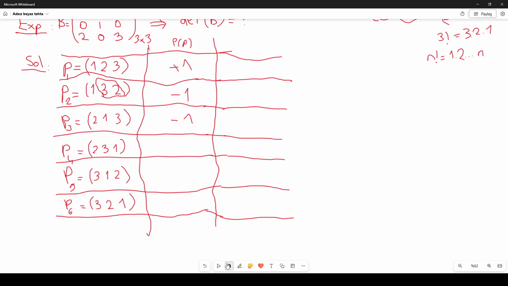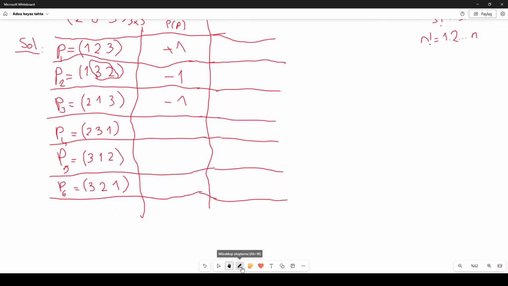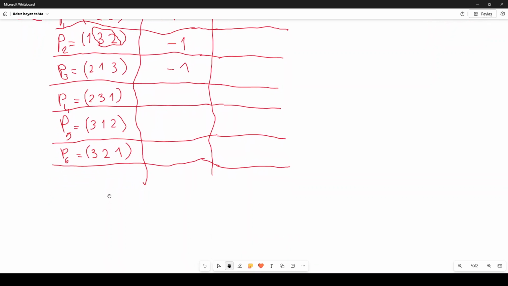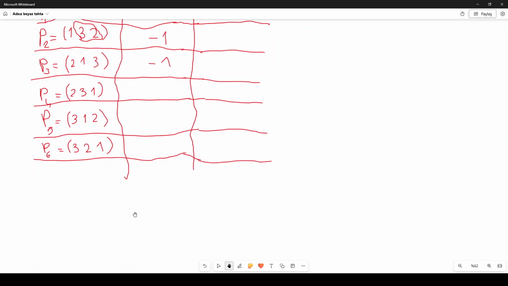How about P4? Let's look at P4. We have 2, 3, 1. All positions are different, you see. This is a little more complicated. Let's write it here. So we have 2, 3, 1. If we interchange the first and second positions, now we have 3, 2, 1.